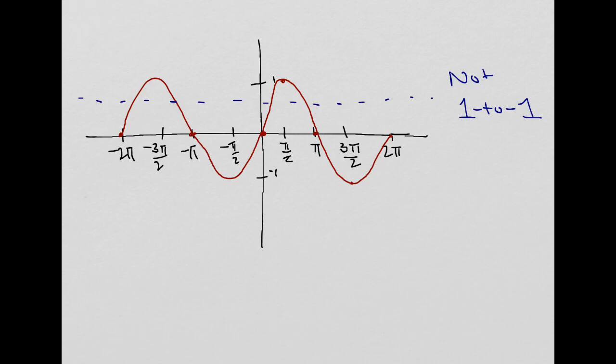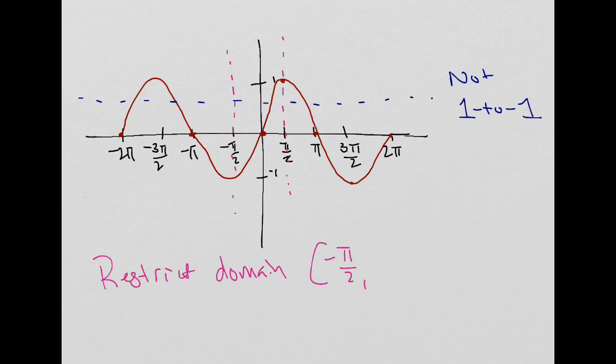And so what I'll choose to make life easy, we will restrict the domain to negative pi over 2 to pi over 2, which means I'm only going to have that chunk of the graph, which you see does intersect the blue line only once. So that's a portion of the domain of the sine function where the function is one-to-one, so an inverse can exist.